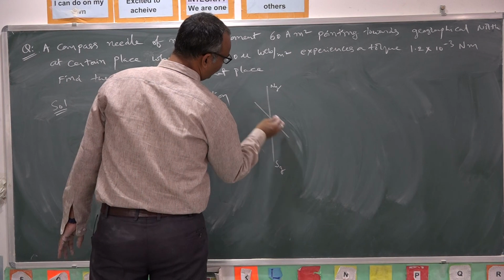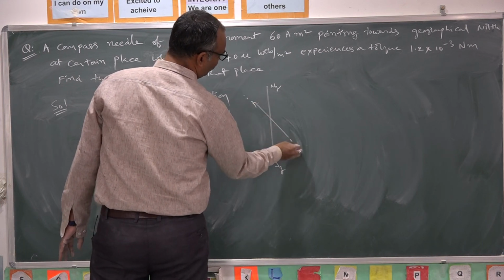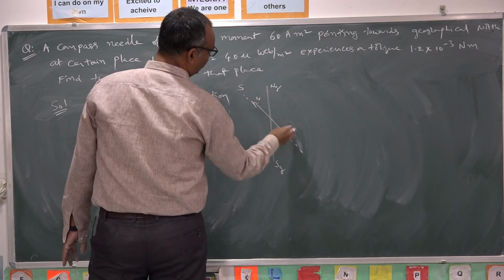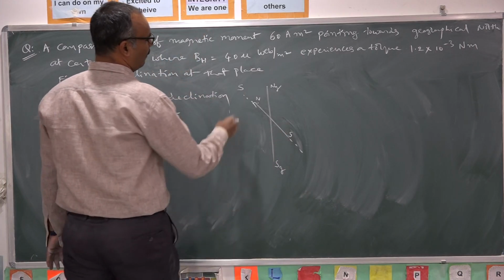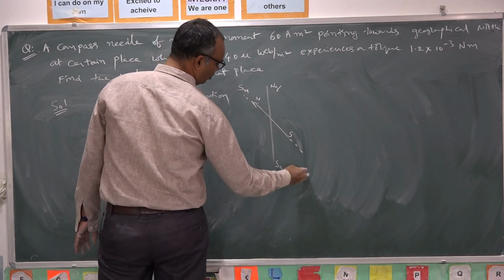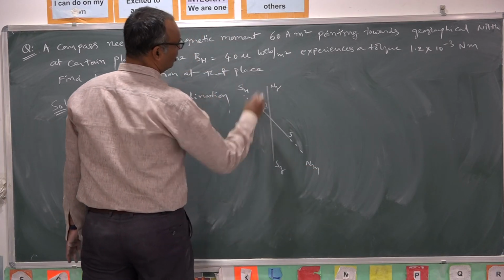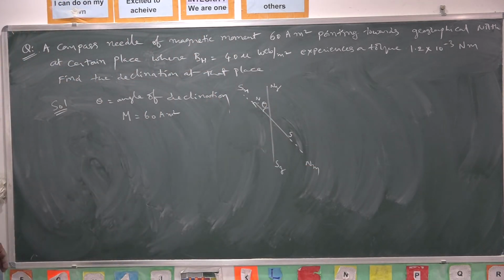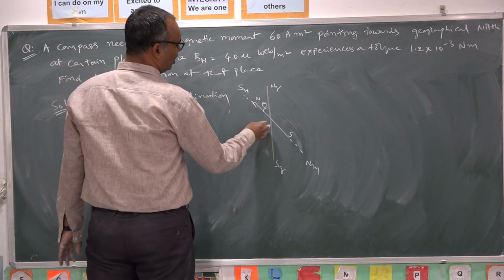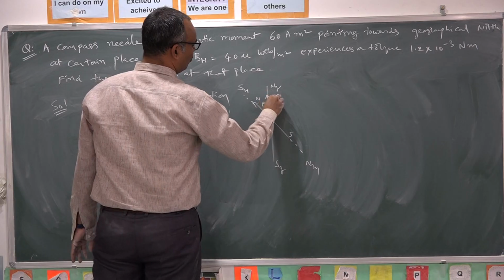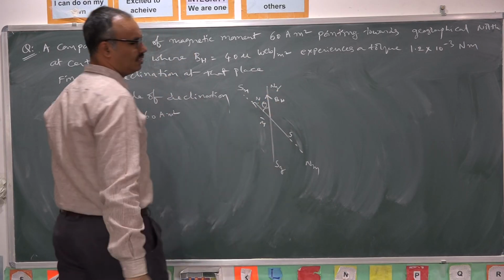Our compass needle is just tilted; this is the north and south of the needle. This is geomagnetic south, so geomagnetic north is like this. This angle is theta. The angle between the geomagnetic axis and the geographic axis is theta. Our magnetic moment m bar is like this. The horizontal component of earth magnetic field BH is like this.